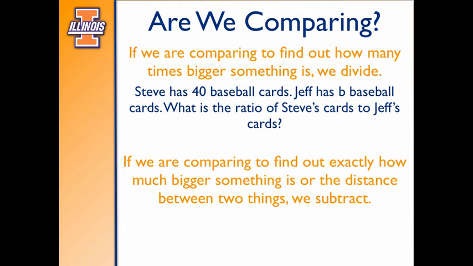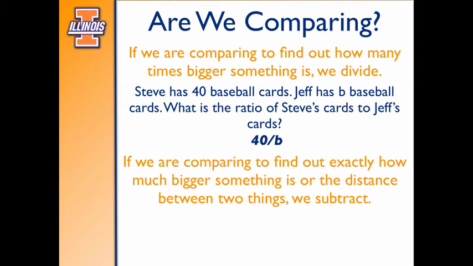What is the ratio of Steve's cards to Jeff's cards? Well, we don't know how many cards Jeff has, but in order to figure out how many times more cards Steve has, we take the number of cards he has, 40, and divide it by the number of cards Jeff has, B. If Jeff had 10 cards, then 40 divided by 10 would be 4. Steve would have 4 times more cards than Jeff. So our expression here is 40 divided by B.